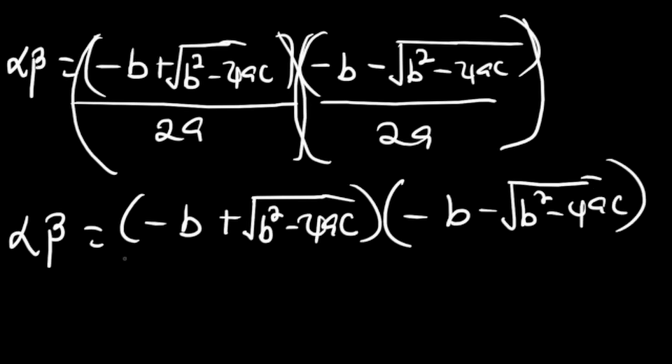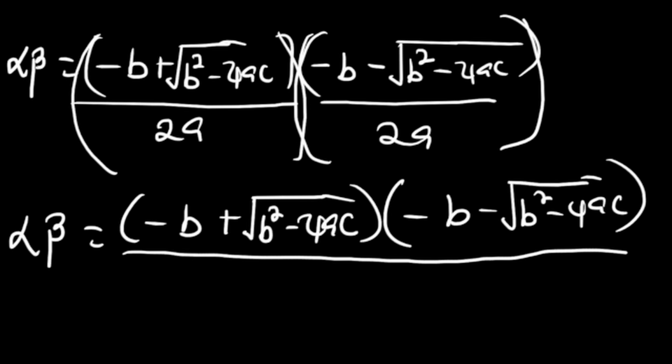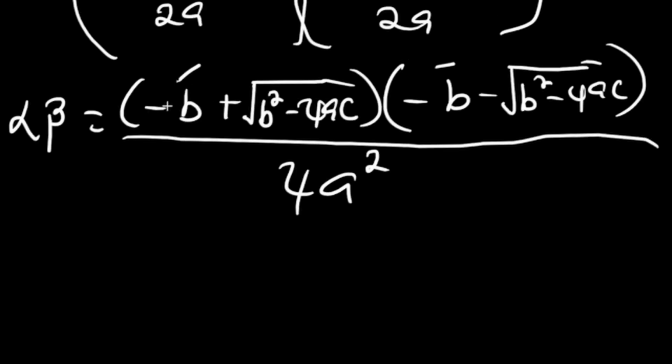Now when you multiply the two denominators, 2 times 2 gives you a 4. A times a is a squared. Negative b times negative b gives us b squared, since negative times negative gives us a plus.